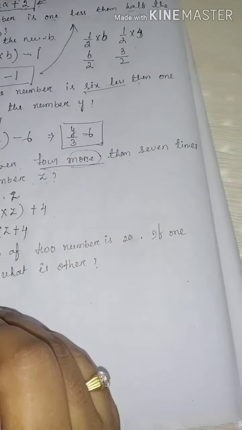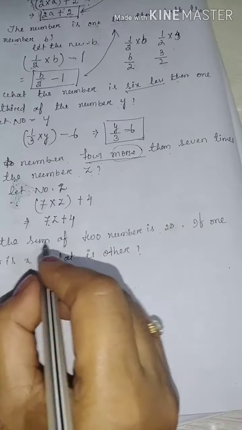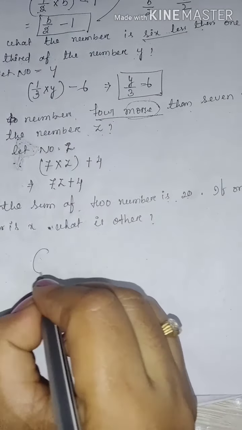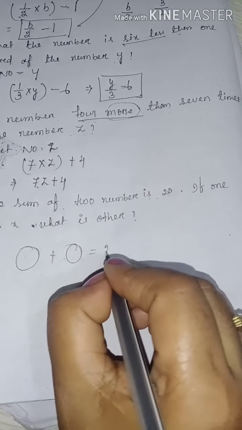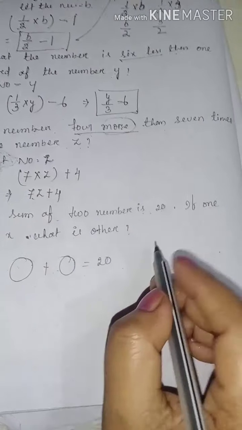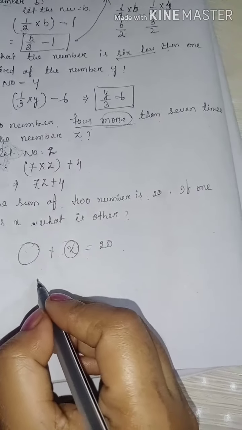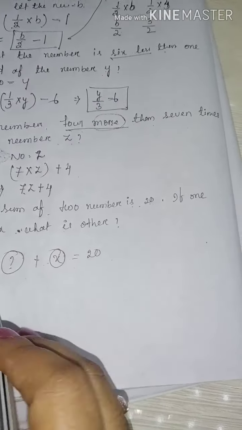Okay, next. The sum of two numbers is 20. Listen, students, there is one number, and here also one other number, and its sum becomes 20 according to the question. If one of the numbers is x, then what is the other number?